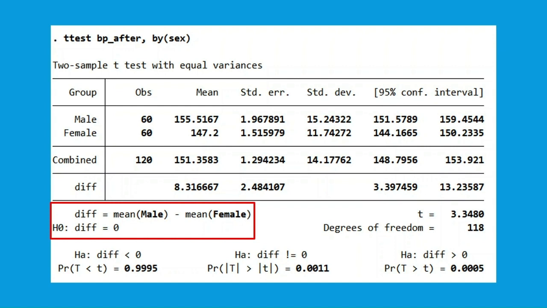In this test, we are assessing the difference between the mean of the male group minus the mean of the female group. And our null hypothesis here is that this difference is zero. This is what we are testing with this t-test.